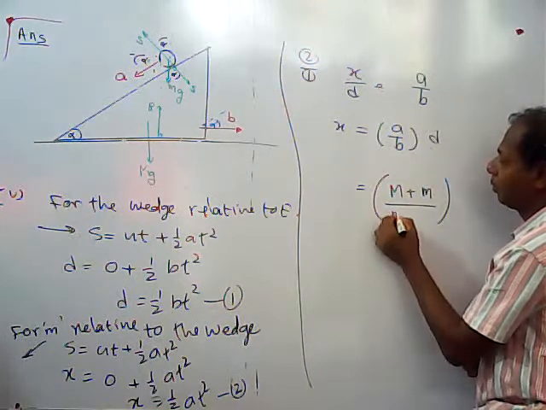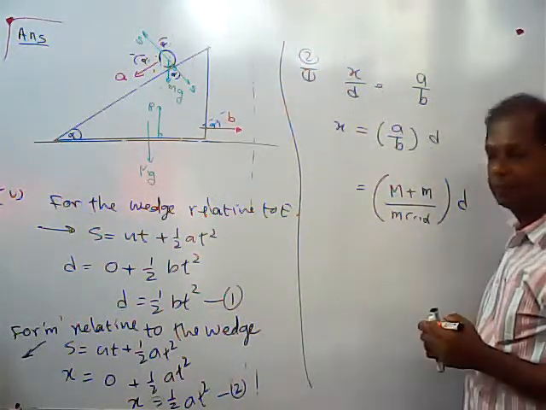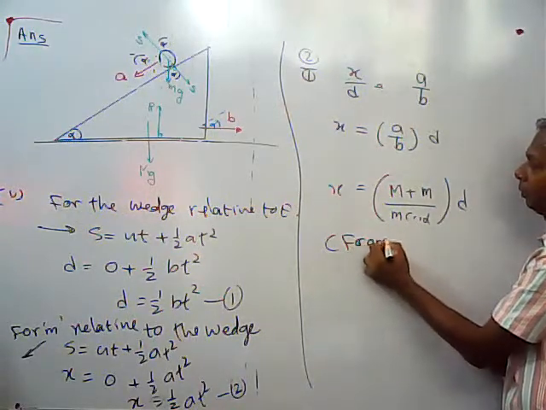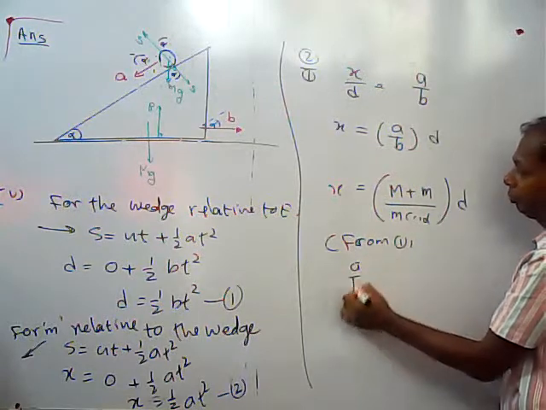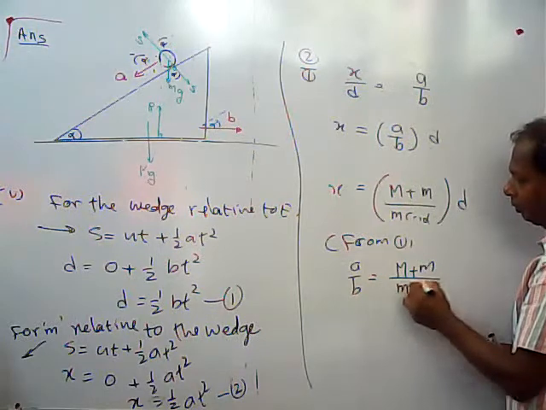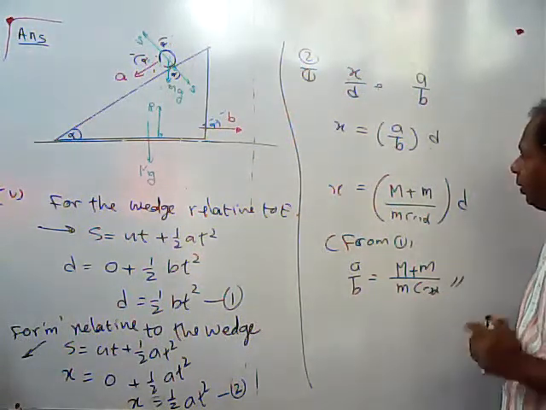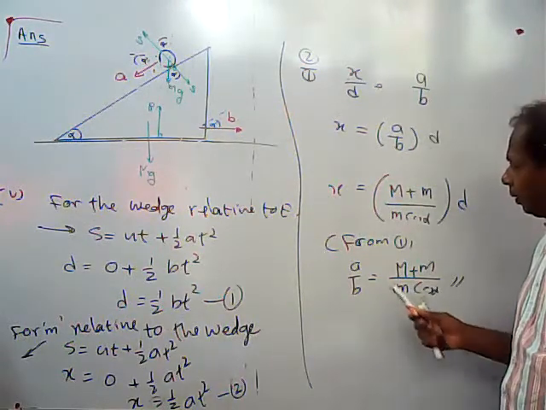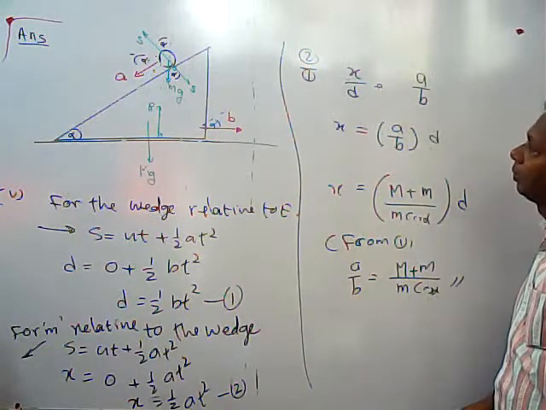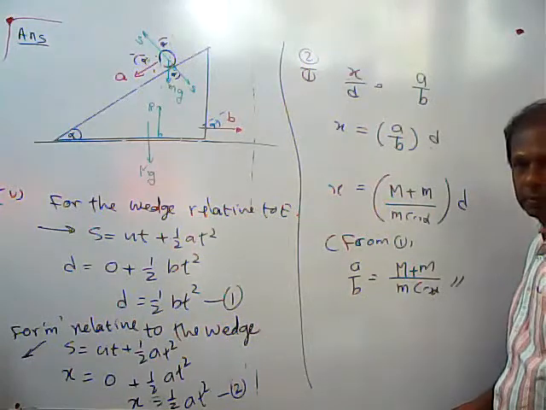(M plus M) over M cos alpha into d. Isn't it the answer? From 1, a over b equals (M plus M) over M cos alpha. Yes, this has to be the answer.